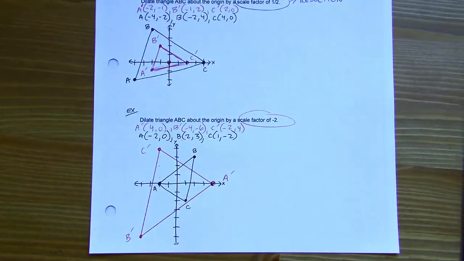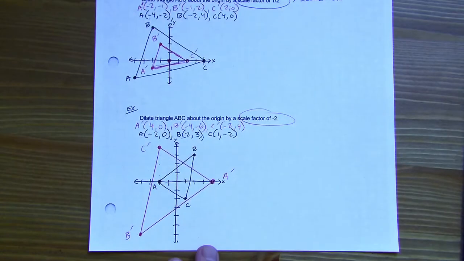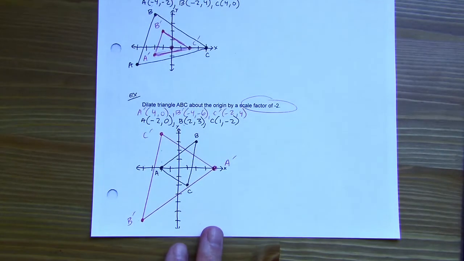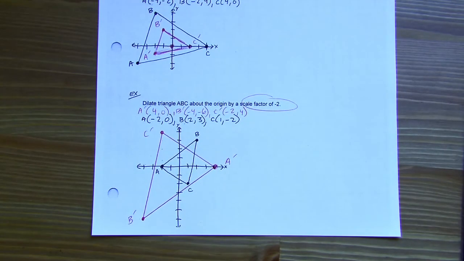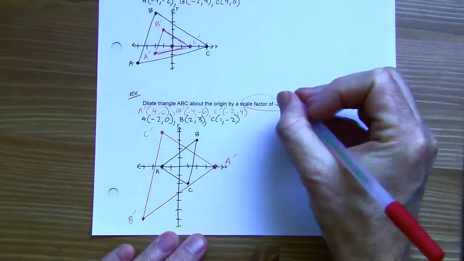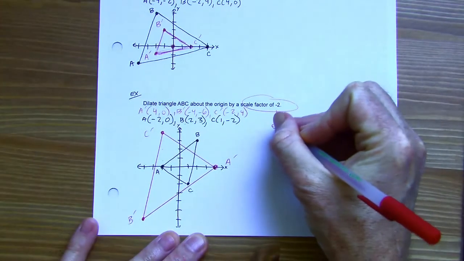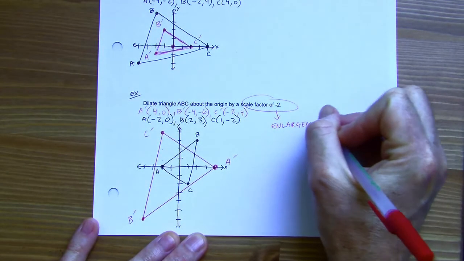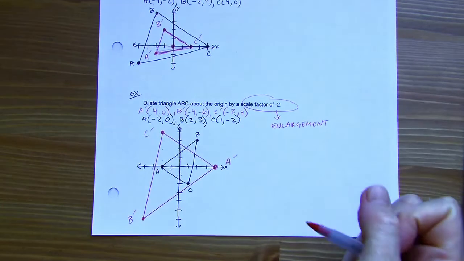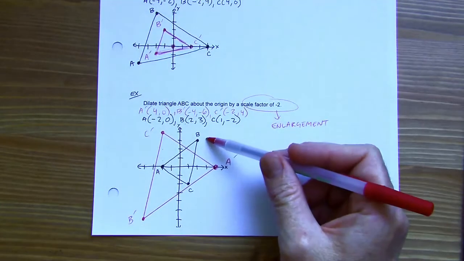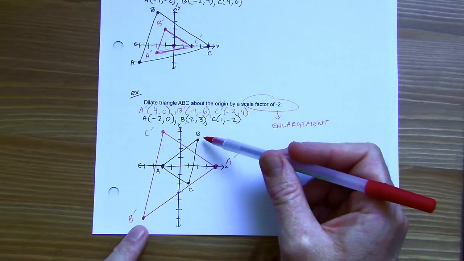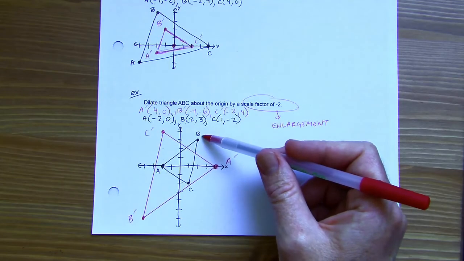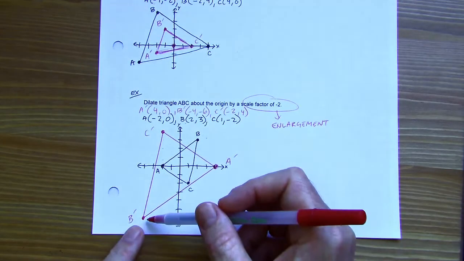Okay, so let's think about what has actually happened here. Well, I can see clearly that my new triangle is larger than the original. So I do have an enlargement. Okay, but then this is kind of interesting. If you look at the original point B and my final point B, my B prime, well, my original B was in the top right of this triangle, and B prime's in the bottom left.